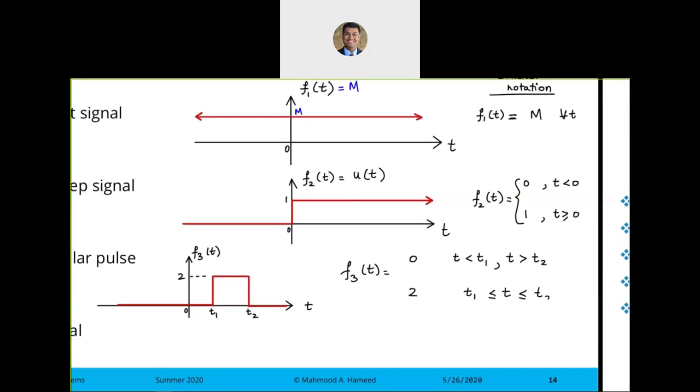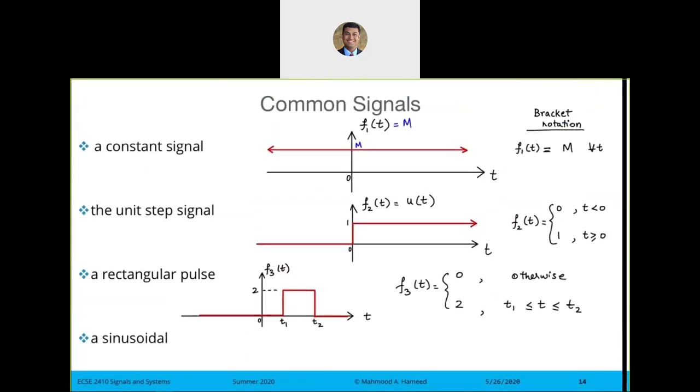Actually, a better way to do this would be to just say otherwise. So that would be a bracket notation for this particular rectangular pulse. The height of this rectangular pulse may change, and even the width may change depending on how you change t1 and t2.